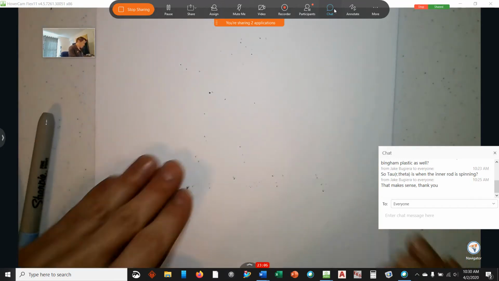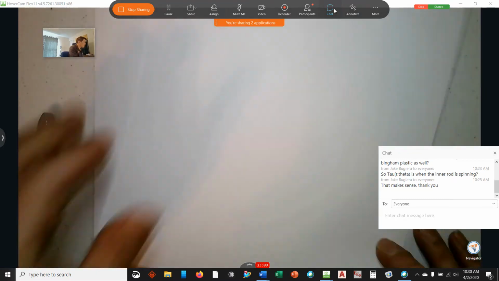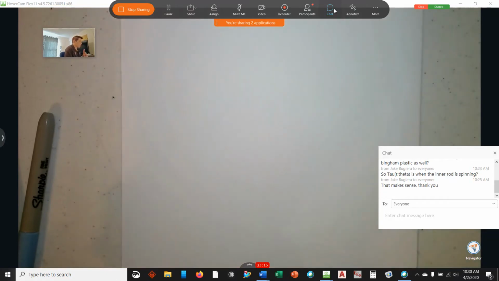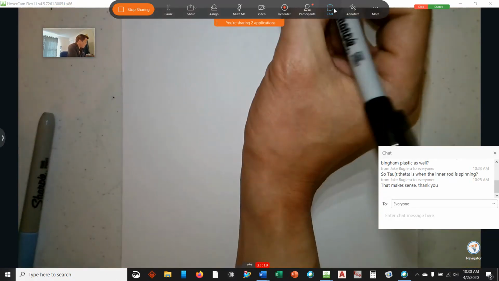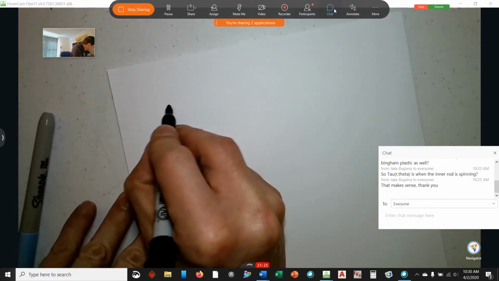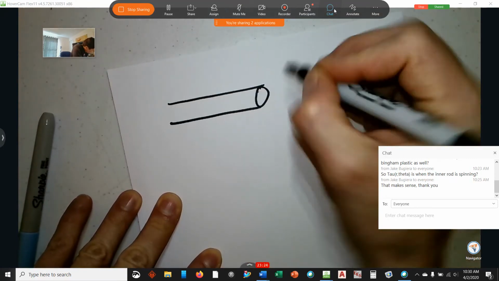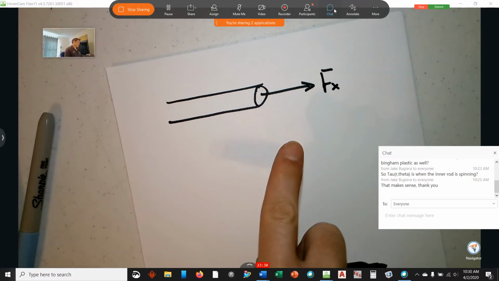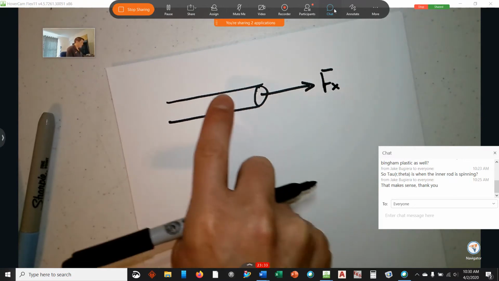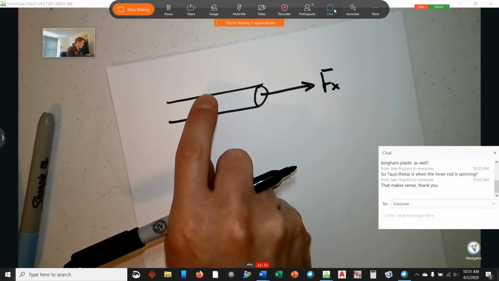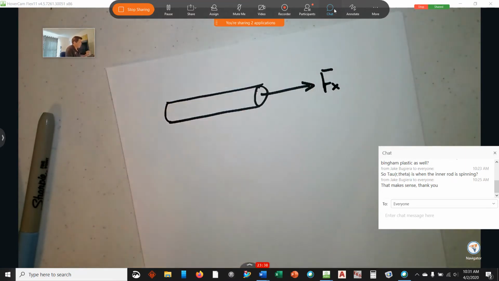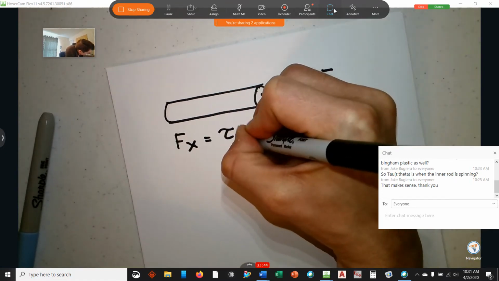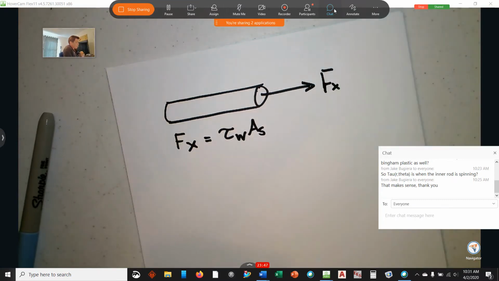So our boundary conditions are going to be from the no-slip condition at the inner cylinder, Ri, and the outer cylinder, Ro. But we were going to do a little bit of work to write that this inner cylinder is being pulled with a force. And this force we can write as the shear on the wall times the surface area.